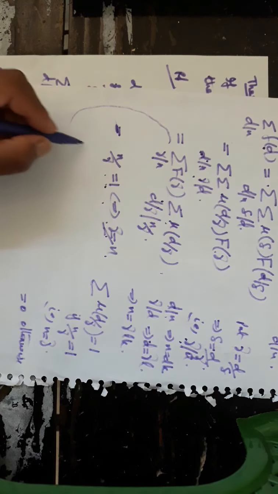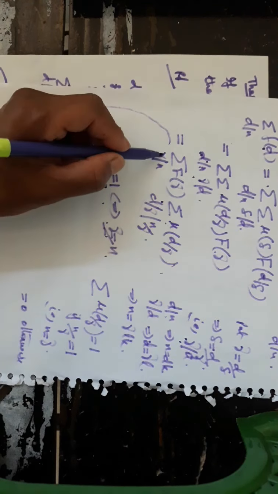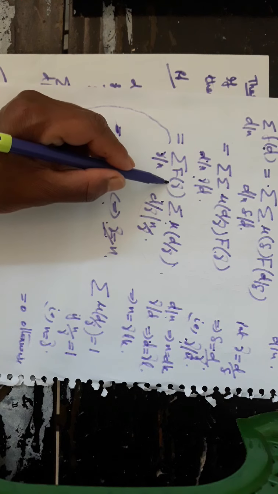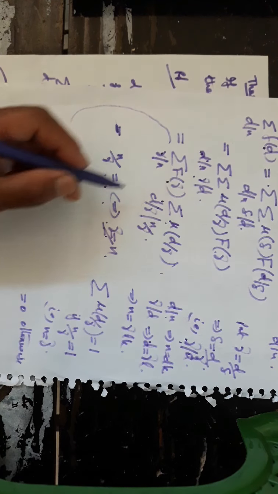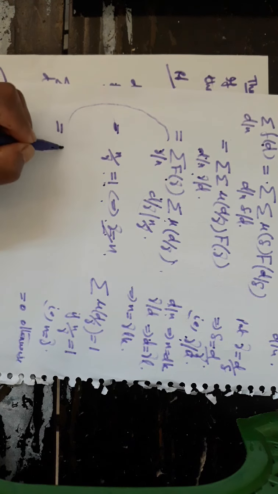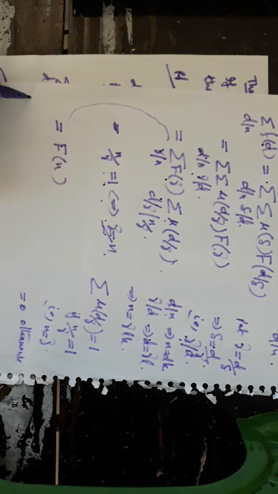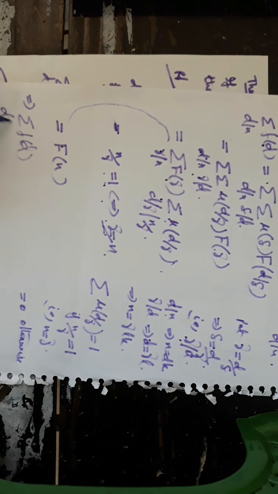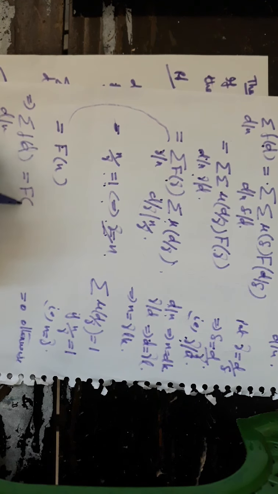So this last sum reduces to F of gamma, and this F of gamma is equal to F of n. Therefore this last sum reduces to F of n, which implies that the summation of f of d, where d runs over the divisors of n, is equal to F of n.